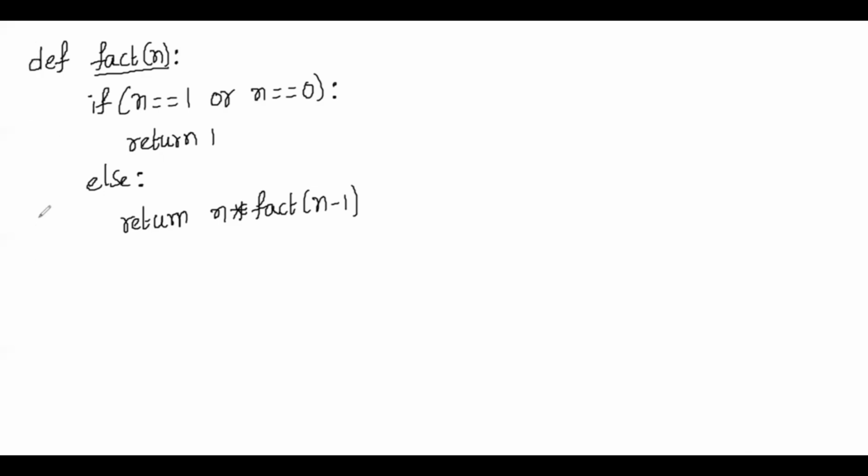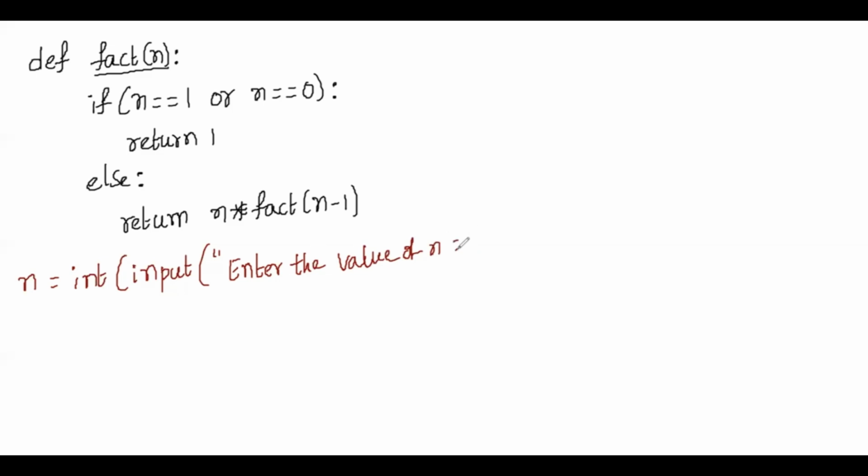So this is clearly the fact function implementation. Now in order to call this particular function, we will consider a variable n. The user is going to be prompted with the message, enter the value of n.